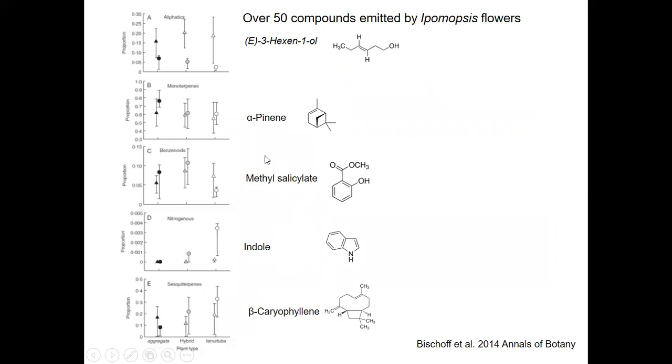And I'm going to show you a little bit more about two of the compounds, alpha-pinene and indole. Alpha-pinene is the dominant compound produced, and a lot of it, so the mixture, this is showing the proportion of the compound in the mixture, so about 60 to 80% of the mixture is made up of alpha-pinene for Ipomopsis aggregata plants, and almost as much for Ipomopsis tenuituba.